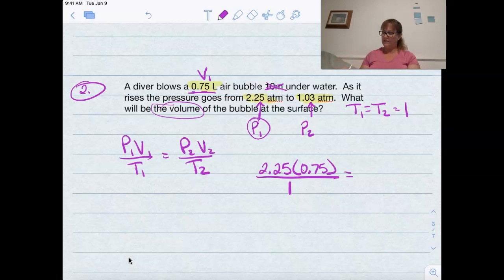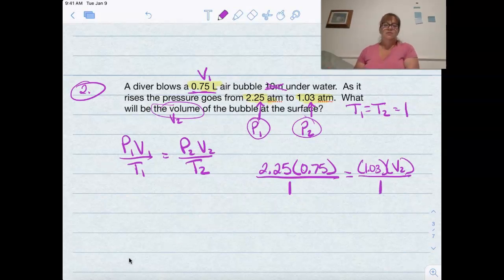equals our P2, which is 1.03 atmospheres, times our V2. That's what we're trying to find, over T2 of a 1. Okay, so really when you look at this, anything divided by 1 is just itself.